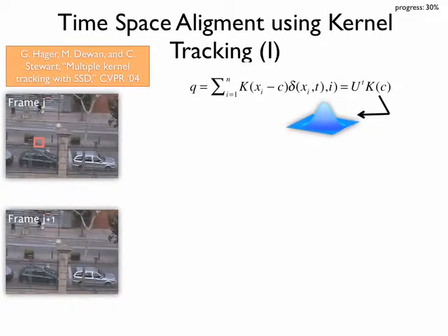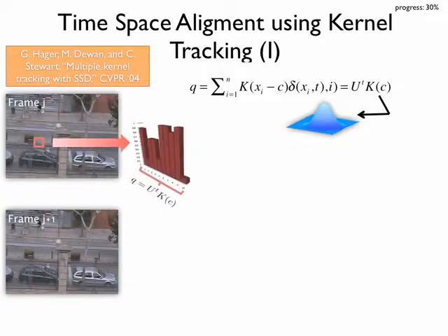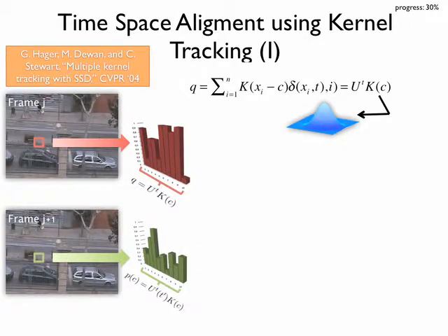Kernel tracking works by placing a kernel on a concrete region, the region that we want to track, and then generating a weighted histogram of this region. We do the same in the next frame, at the new location, and we minimize the SSD distance between these two functions.